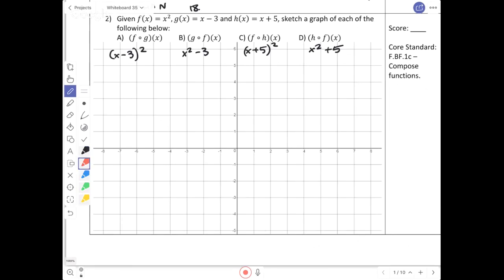So then this takes x squared and goes right 3. This is x squared and down 3. This is x squared left 5. And this is the graph of x squared up 5.